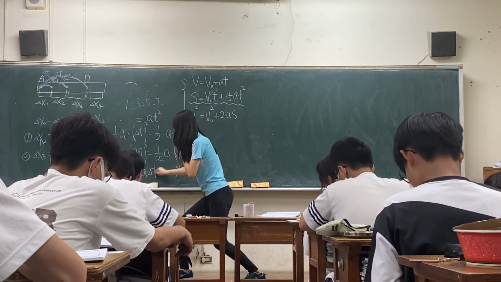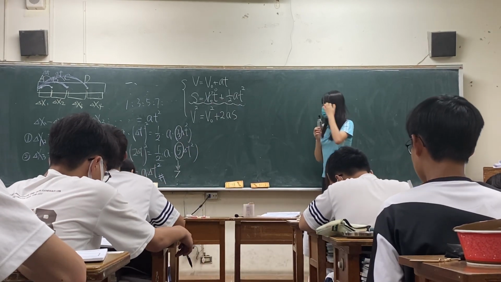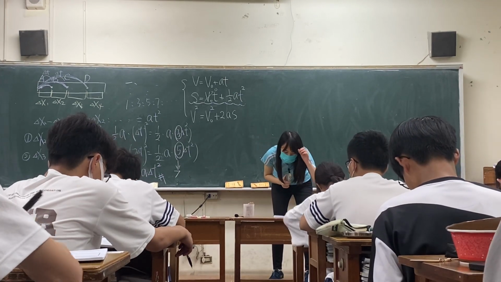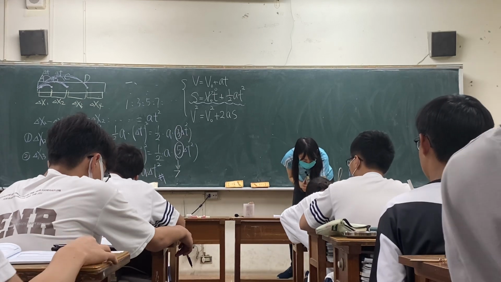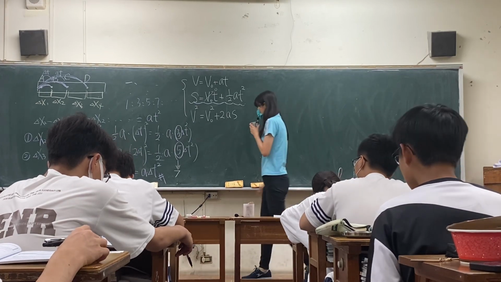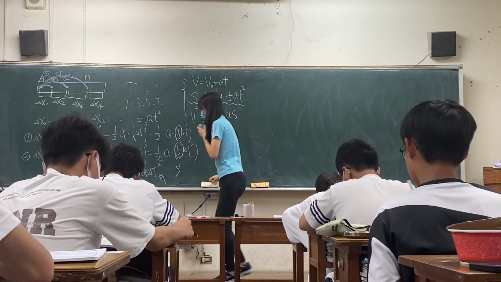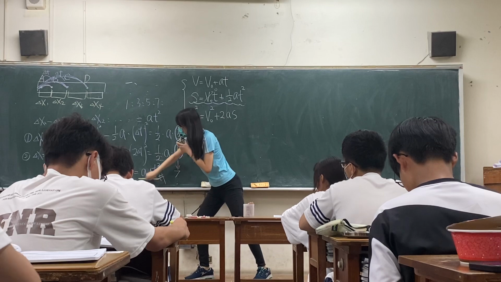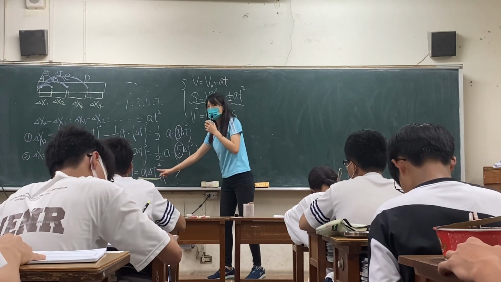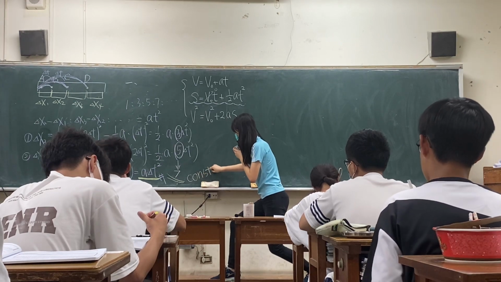So I prove it. So for this one, since acceleration, 加速 is a constant, and delta t is also a constant, so this one equals to a constant, 定值, okay?